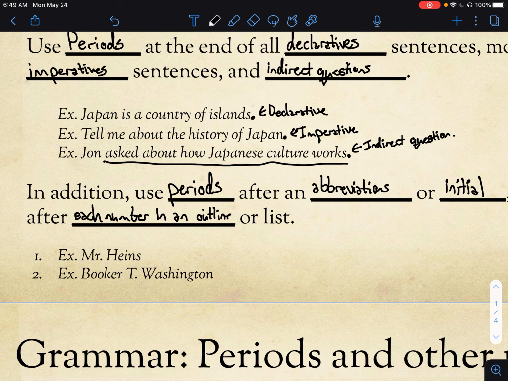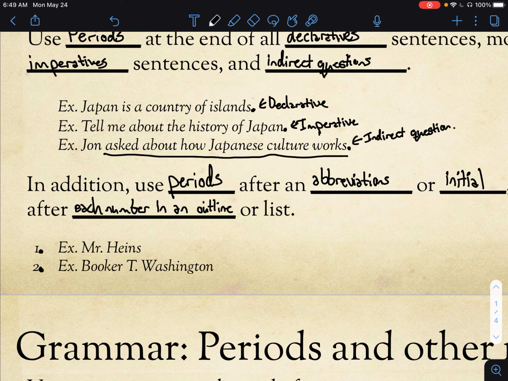So if I were to create an outline, I'd put number 1 dot, number 2 dot, Mr. period Heins, Booker T period Washington. Okay? So that's where we use periods.